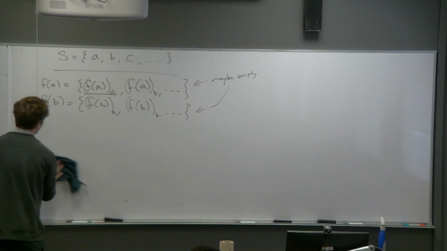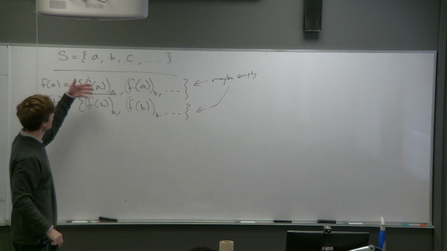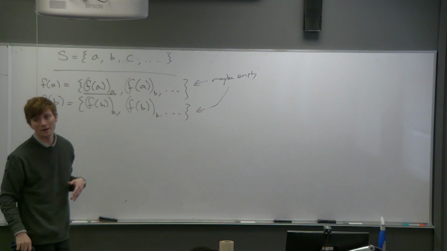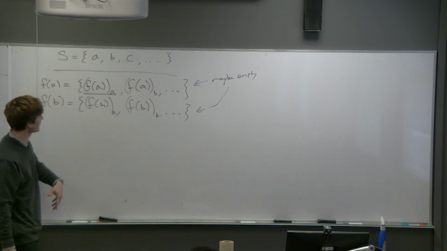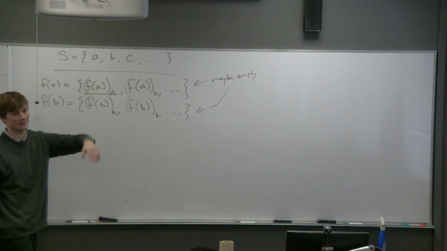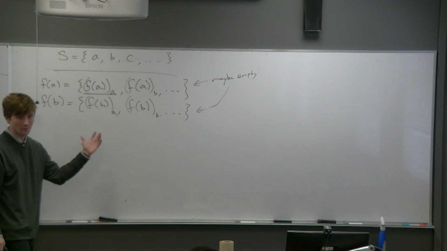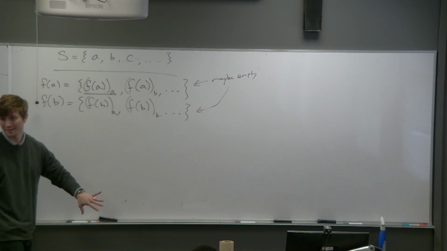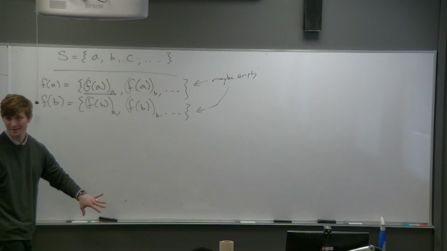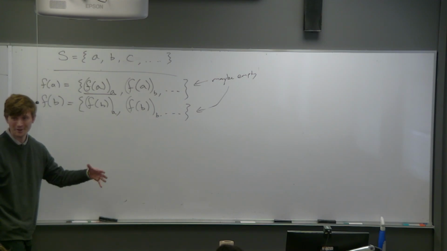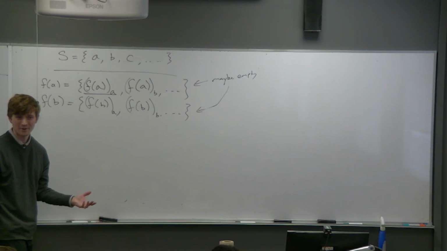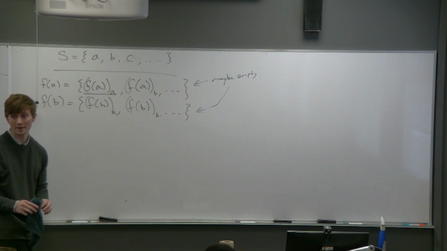That is, S has elements A, B, C, and so on, right? F of A has elements A, B, C, and so on, right? One of those elements is A. We'll just make a set that doesn't have that. Same thing, right? We just have to disagree with each of them in one place.